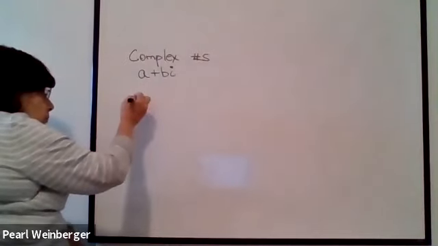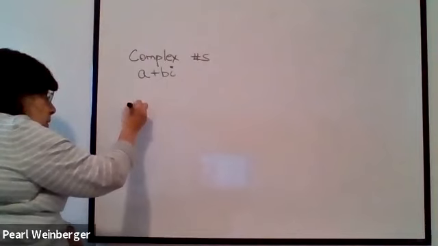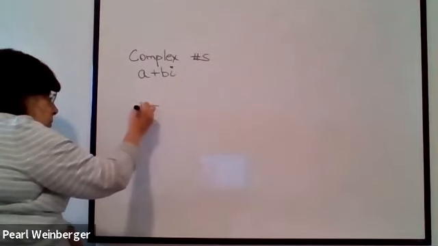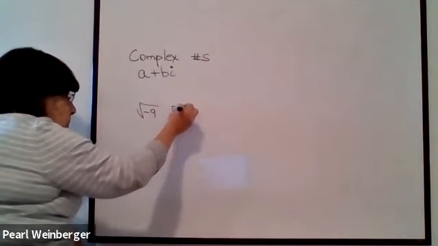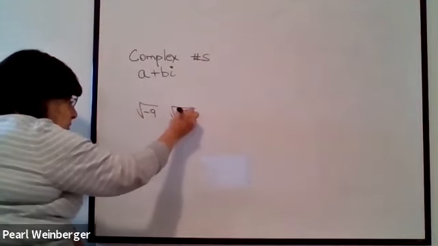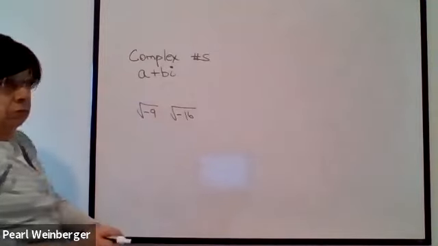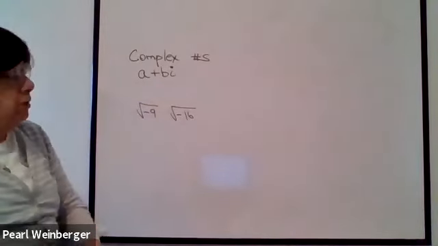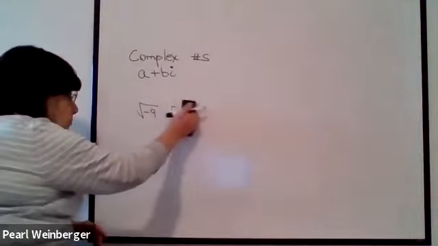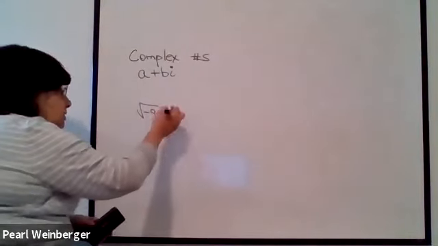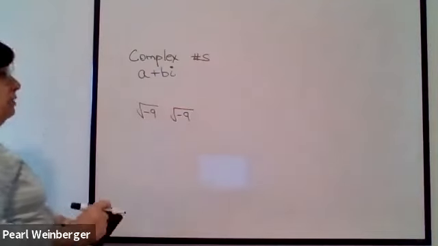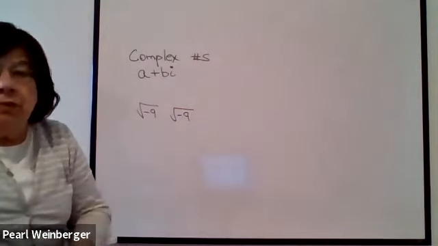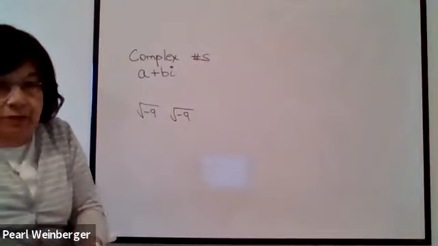Suppose I wanted to multiply the square root of -9 times the square root of -16. No, let me do something else. Let's say I wanted to multiply the square root of -9 times the square root of -9. What if I wanted to multiply a radical by itself?